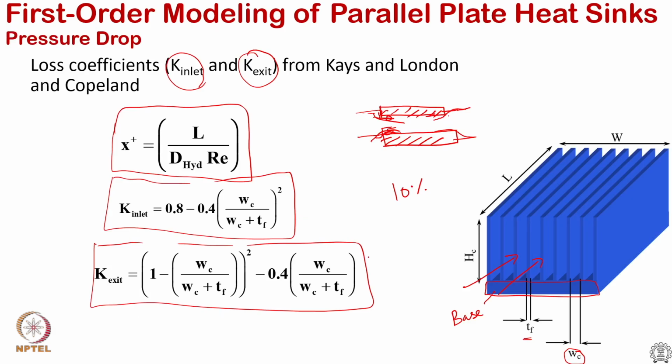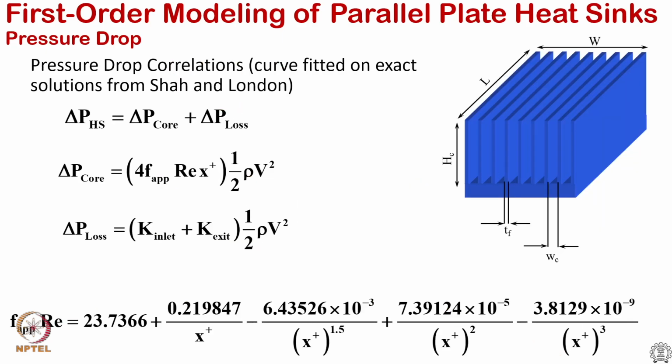So next part is to model the pressure drop, which is to say that the pressure drop of the heat sink is nothing but core pressure drop, or what is happening between the fins as the flow enters and goes through the fin channel, and the other one is the inlet and exit losses. Now the core pressure drop is nothing but f apparent for the developing flows times the Reynolds number.